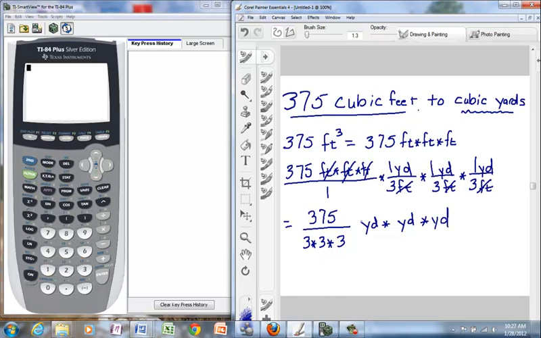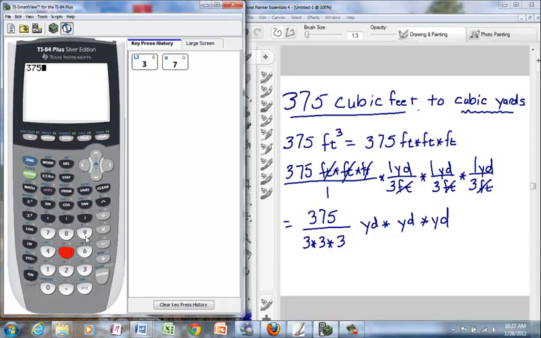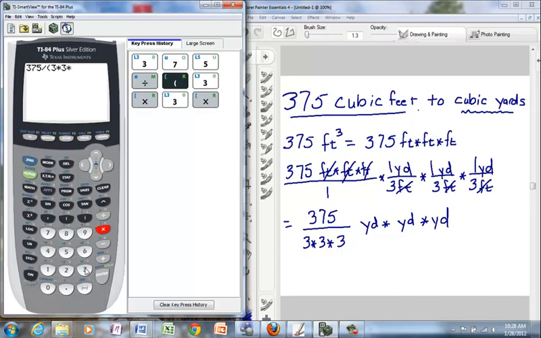So I go to the calculator. And I will group the denominator. I could also have written 3 to the 3rd power here. And there's my answer.